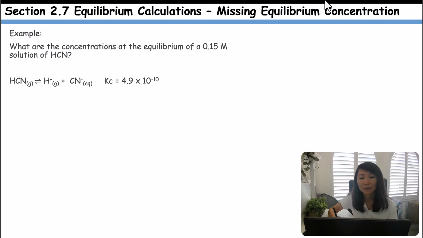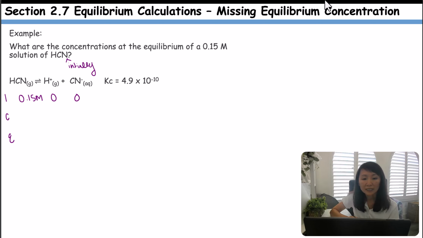So here you have HCN, initially. So we're going to use the ICE table, and the HCN is 0.15 molarity in the beginning, and you don't have any of the product. Okay.